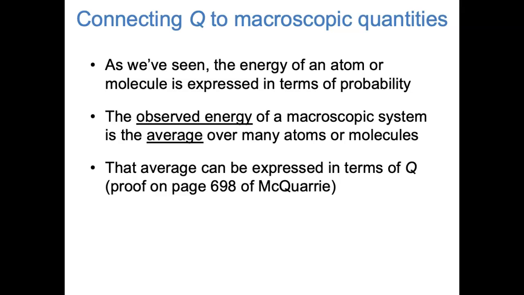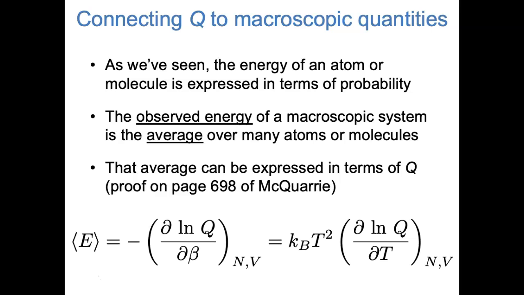I'm not going to show the proof in this video, but if you're interested, you can look at it in the textbook. The expression for energy is here. Capital E inside angled brackets represents the observed macroscopic energy of a system, and it can be expressed as the negative partial derivative of the natural log of Q with respect to beta, where remember beta is 1 over kBT.